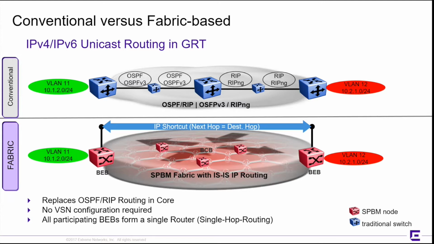The fabric way to do it is we configure the VLAN on the left there, 10.1.2, edge provisioned. Once again, we go across the network, we create a VLAN 12, 10.2.1, and it transports that network across there. It's pretty cool. We didn't talk about this last week, but in this scenario, if I do a show IP route, it's one hop, and I don't care if it's one switch in the middle or 30 switches in the middle.